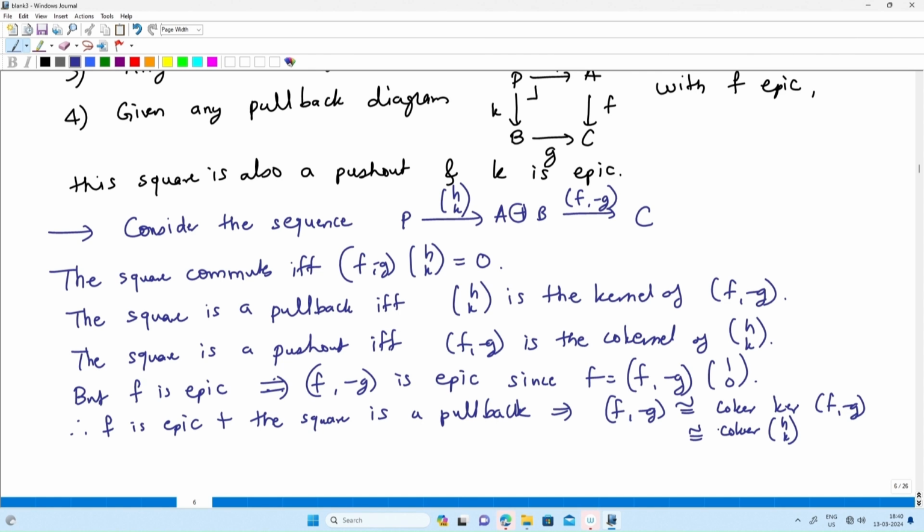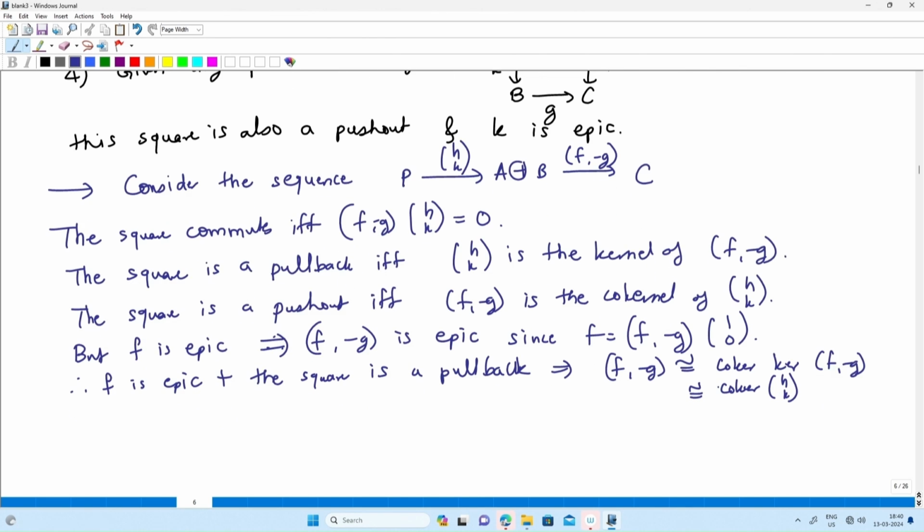So therefore, we obtained the necessary and sufficient condition for this diagram to be a push out. Okay, good. So therefore the square is a push out. One last thing remaining to check is that we have to show that this is an epimorphism.